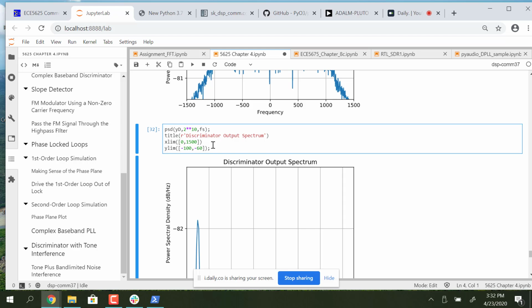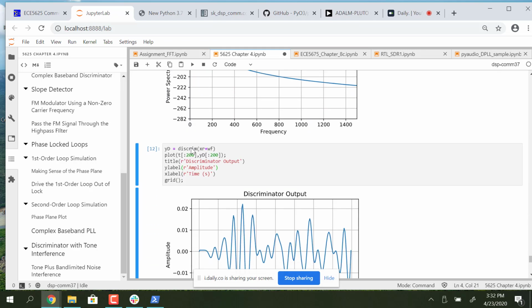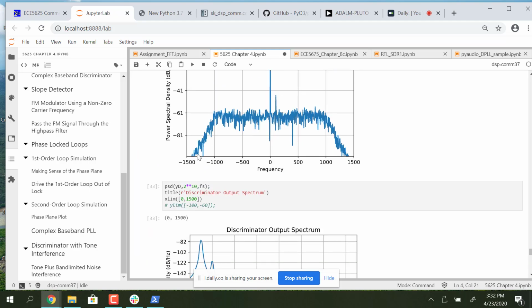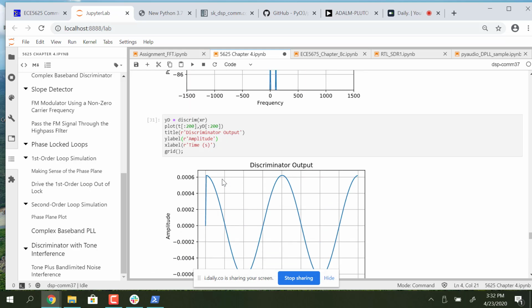No, that isn't what I was doing before. I changed something from the way I had this set up before. I wanted to look at this, and then I wanted to look at the discriminator output. I must have deleted a line of code or something.